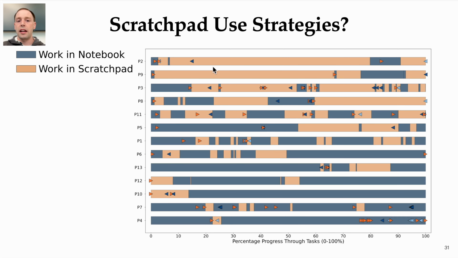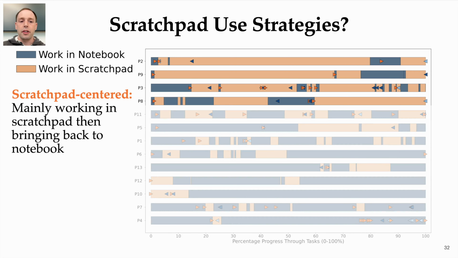So here in orange, we have time spent in the scratchpad, and in blue is time spent in the main notebook. And when we look at the videos to try and classify their interaction pattern, we can see that some of the users took a very scratchpad-centered workflow where they did their main work in the scratchpad and would occasionally move things back into the main notebook.